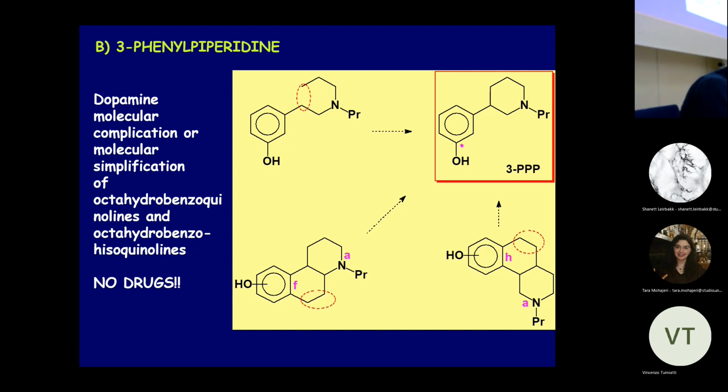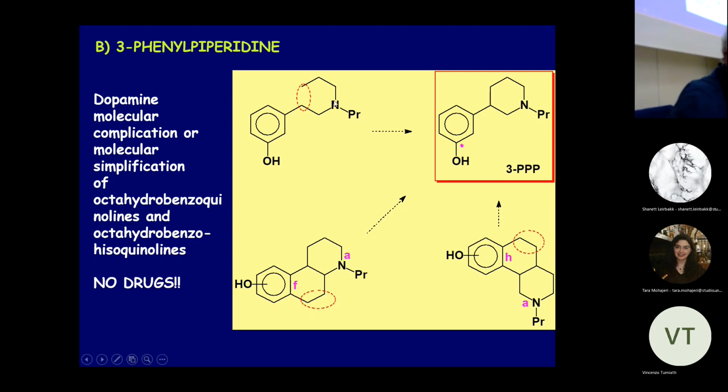What about the scientists? As I told you before, the scientists tried to find a frozen analog of dopamine. So they tried to block the conformational freedom of dopamine by introducing some cycle inside the chemical structure of dopamine.